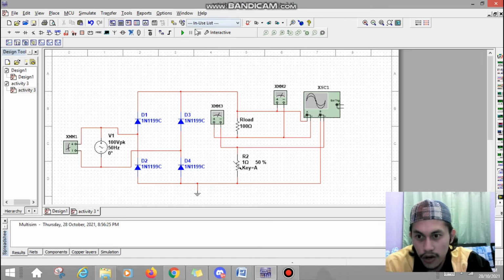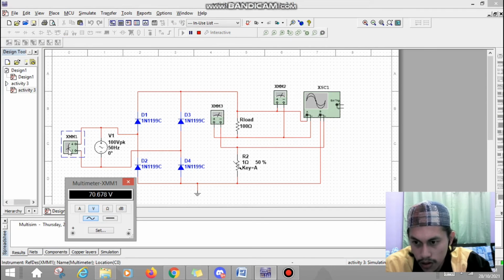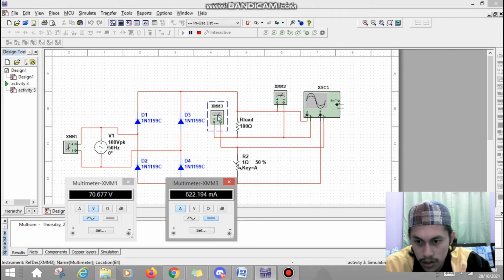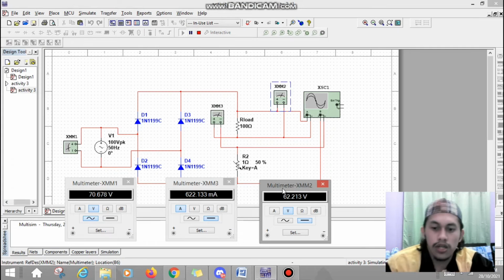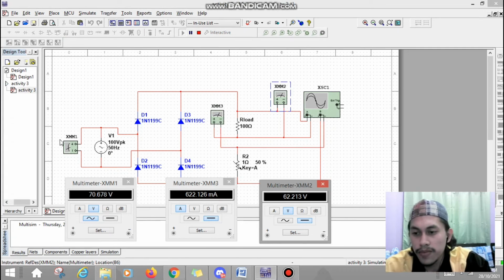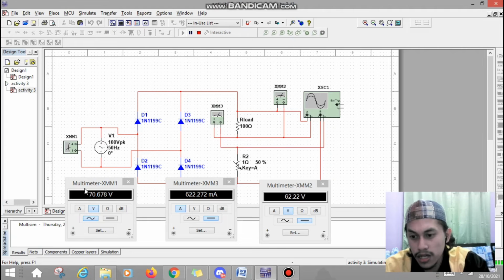Okay, we run the circuit. The first multimeter shows the VAC for the power supply, which is 70.68 volt.